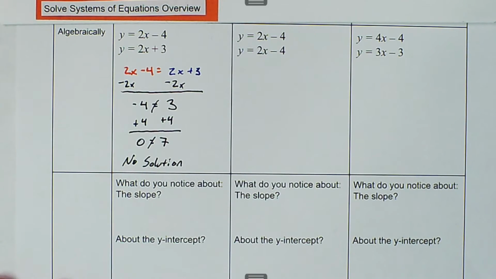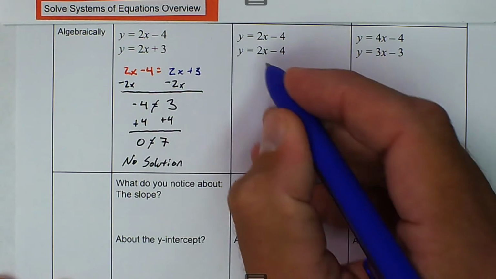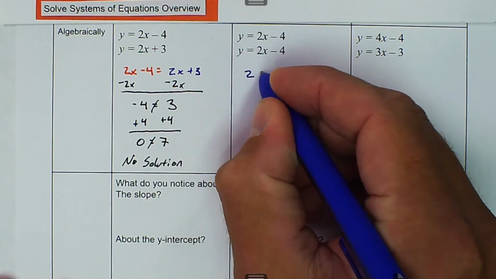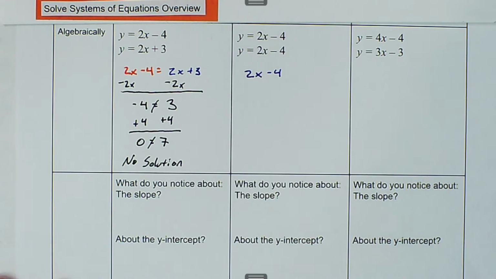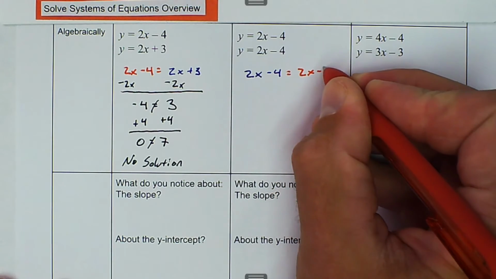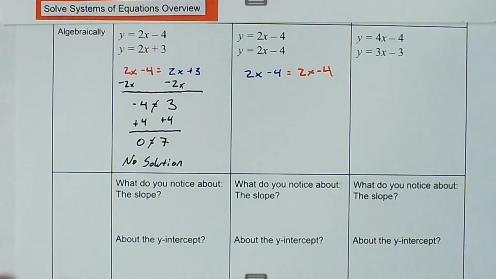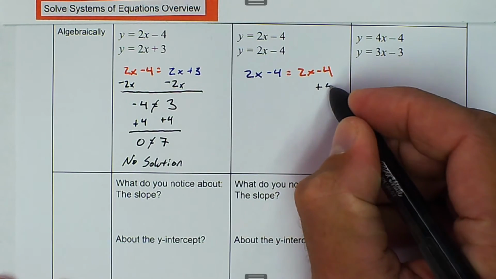We can do the same thing again. We have two expressions that are both equal to y. So by the transitive property, we can say 2x minus 4 is equal to 2x minus 4. And then we can solve that again to see what x is equal to.